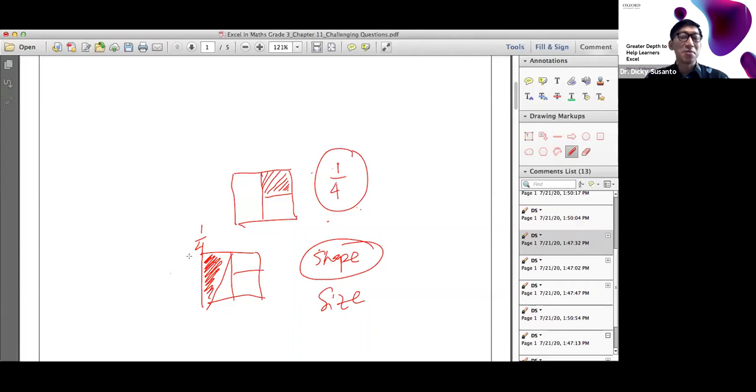This is another big misconception, that they're thinking about the shape instead of the size, right? We are talking about the area. These are all area models. So when we talk about the area, it's how much space, the size of the shape that matters.